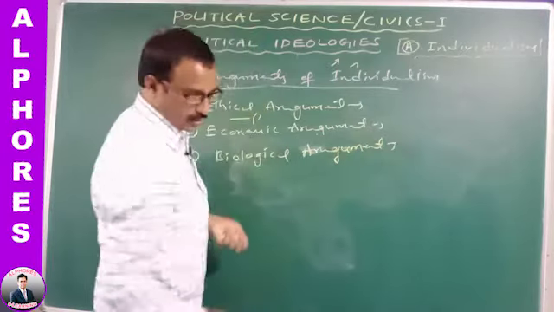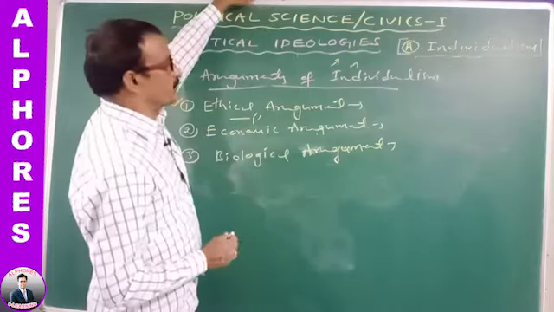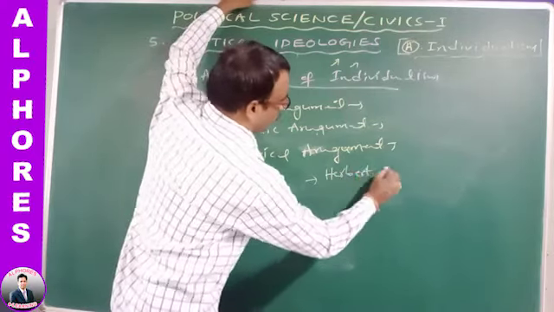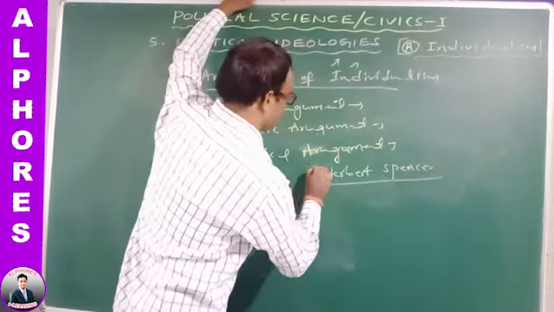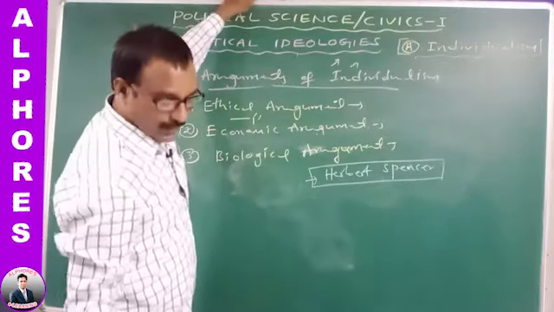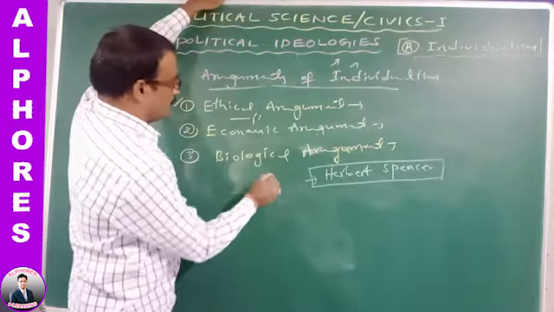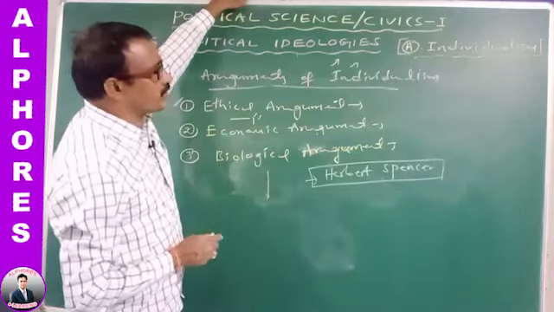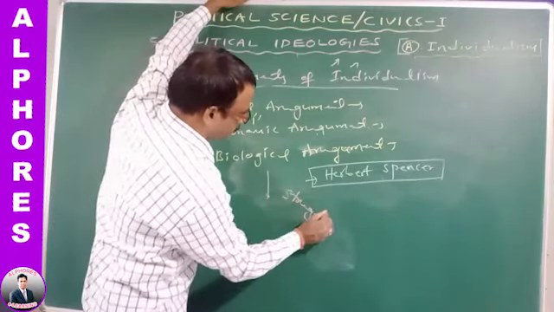Biological argument. Biologically, individualism is supported by Herbert Spencer. He explained individualism biologically. Biologically, individualism is concerned with two aspects. One is struggle for existence.